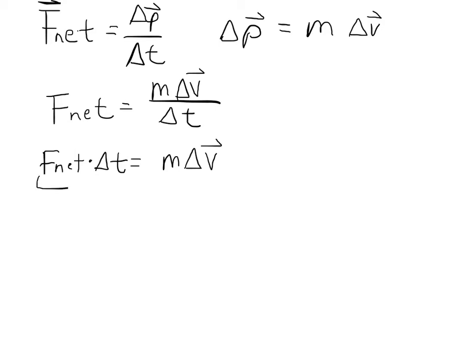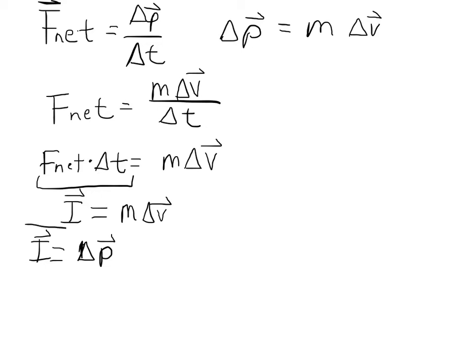A force over a time is an impulse. So impulse is m delta v. And as you've learned, m delta v is a change in momentum. So impulse, therefore, big conclusion, is a change in momentum.